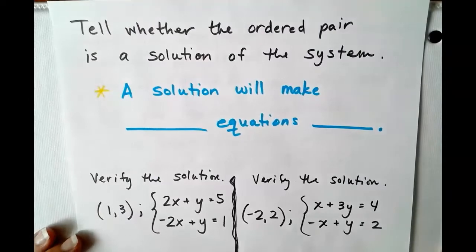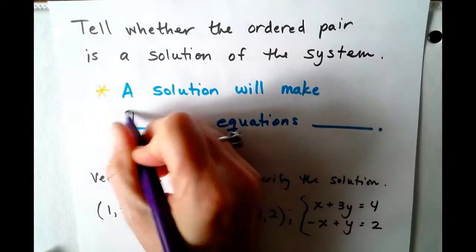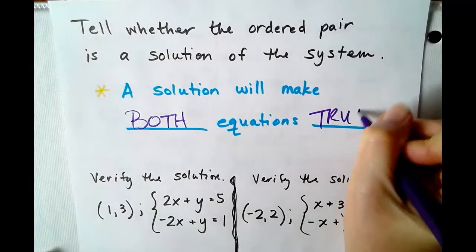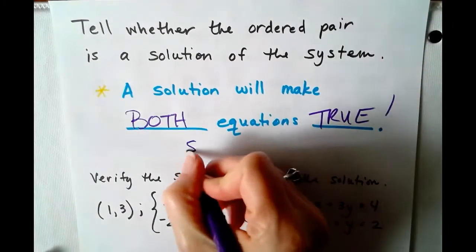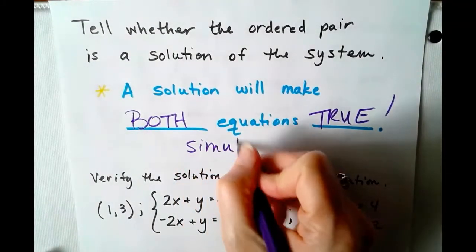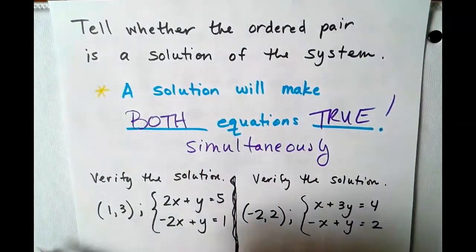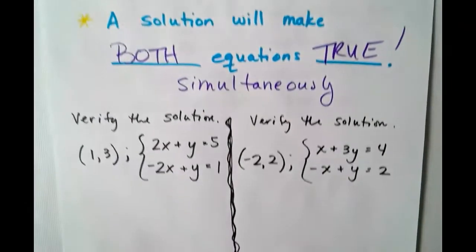So let's take a look at something else that we're going to see in this particular section. How do we tell whether an ordered pair is a solution of the system? Well, I've already mentioned it, but a solution will make both equations true simultaneously. That means at the same time. So we're going to be verifying solutions down on the bottom of this page.